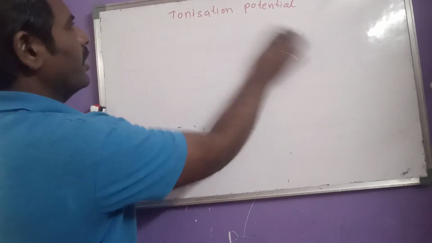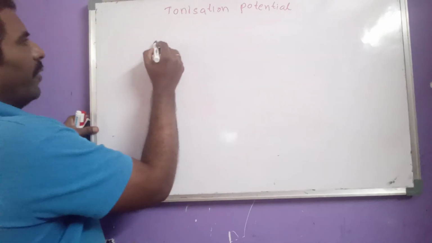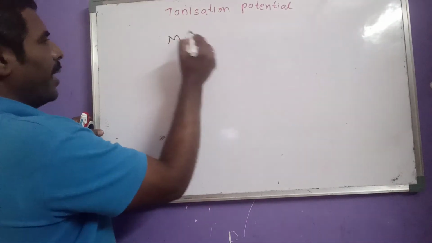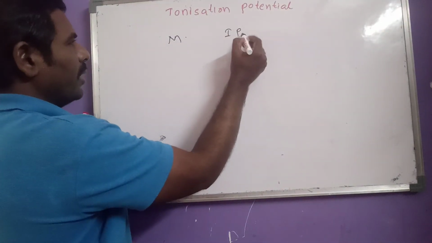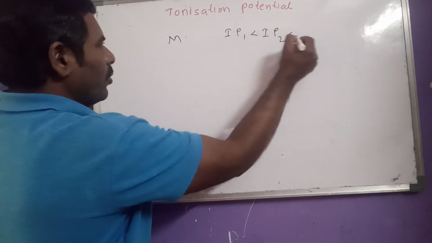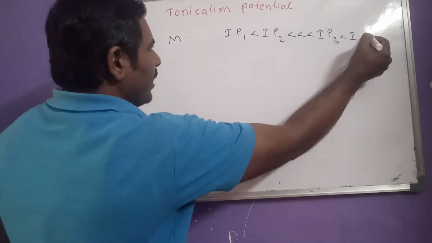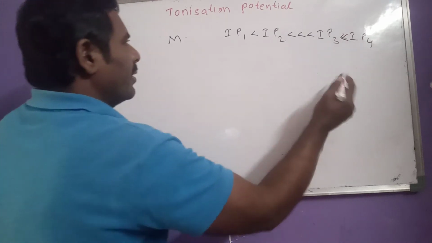Another question is here. For example, for an element M, IP values are given like this: IP1 less than IP2 less than IP3 less than IP4, like this.